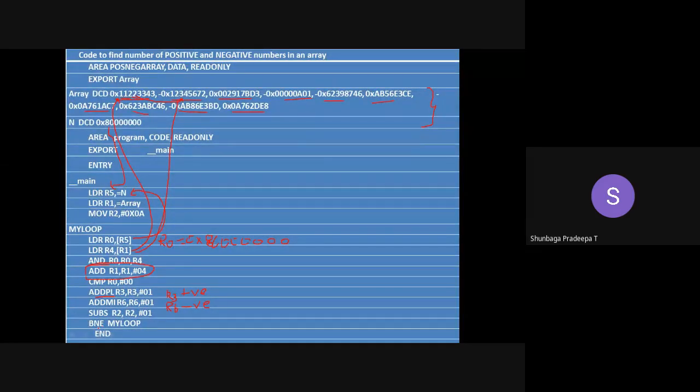So if the zero flag is not set, I'm asking to go to my loop. When it encounters this label, it goes to this location, my loop. So again, it continues and it repeats until your R2 becomes 0. Once this condition fails, it goes to the next instruction, end. Okay. Any doubt in the coding?